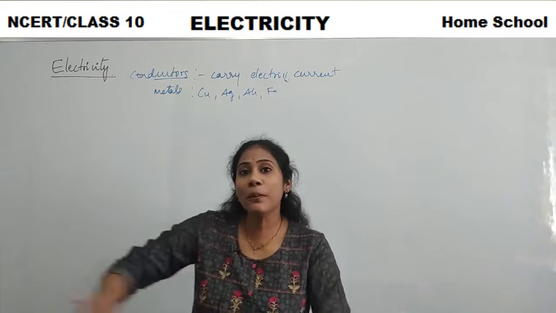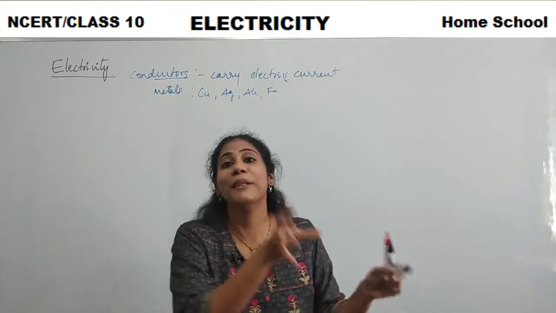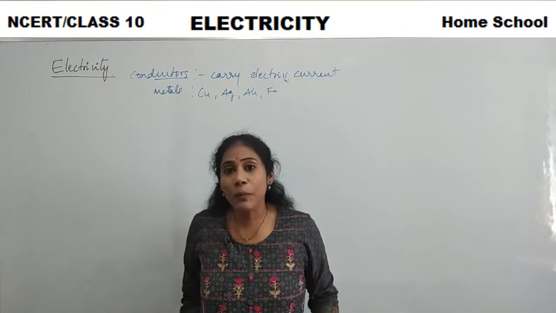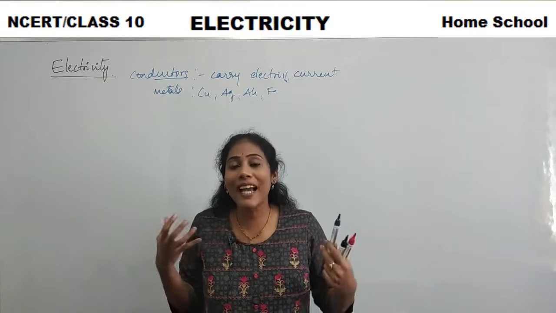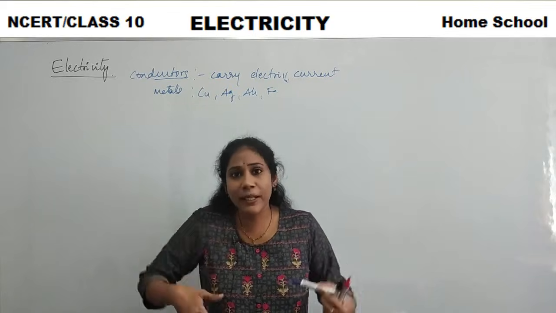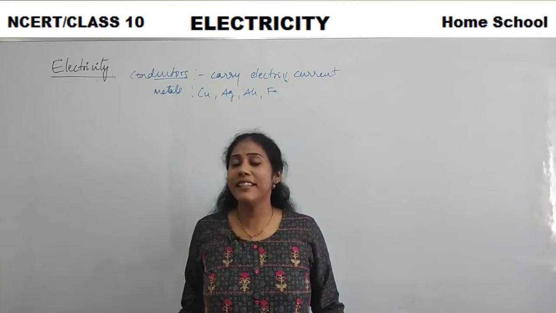In all bodies you don't observe the movement of electrons from one atom to another. For example, in our body we have so many atoms and electrons. Is there an electric current passing in this body?